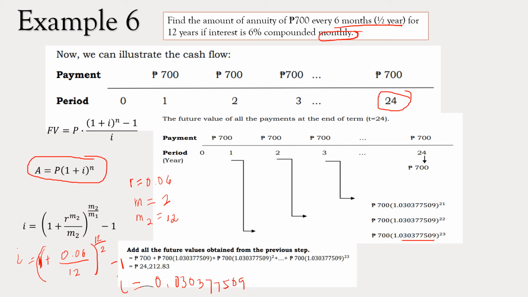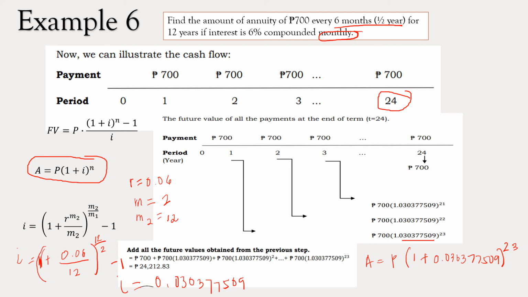At ito yun. So, gamit ang step na to, nakuha mo na gamit ang formula na to, P times 1 plus yung I, value ng I ay 0.030377509 raised to 23. Yan. Para sa first year.